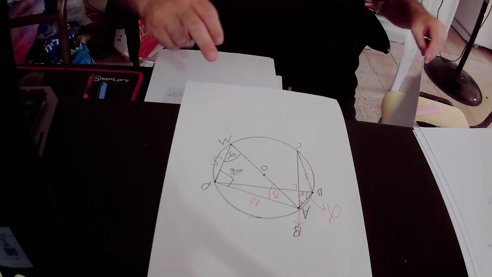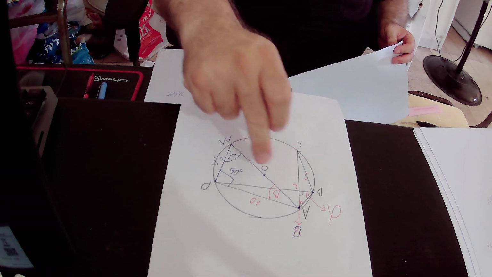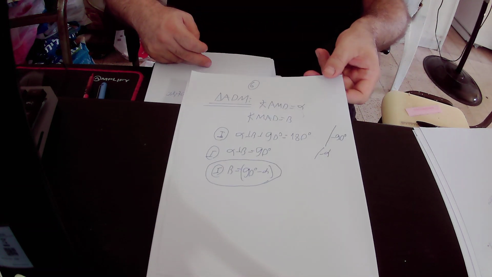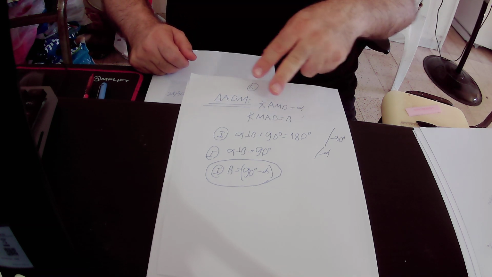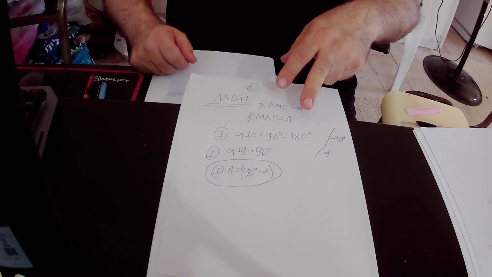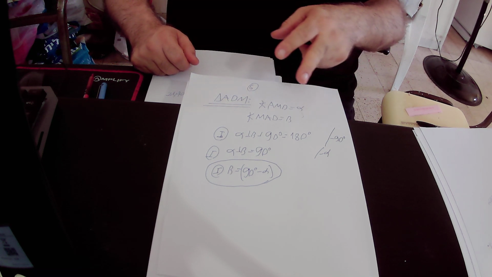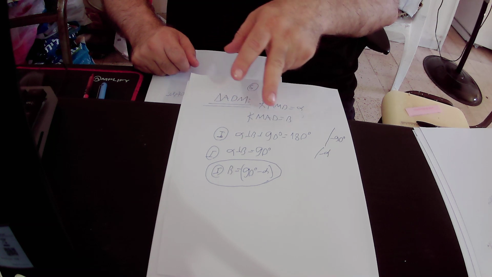The sum of the angles in the right triangle ADM equals alpha plus beta plus 90 degrees, and according to the known rule, the sum of the angles in any triangle equals 180 degrees. We subtracted 90 degrees from equation number 1, and we got that alpha plus beta equals 90 degrees.